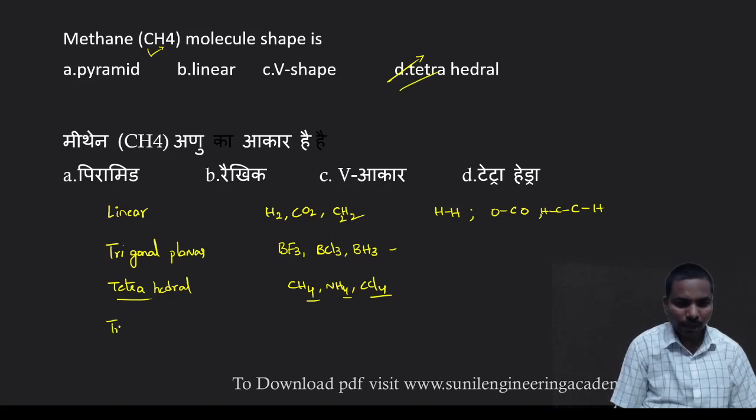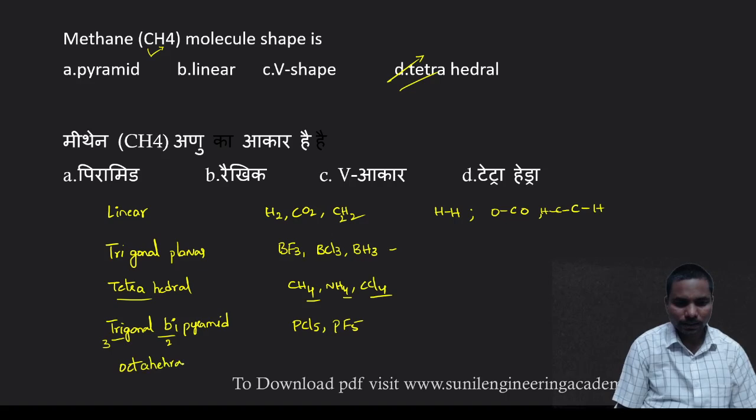And trigonal bipyramid: tri means three, bi means two, total five. One element must have five, so PCl5, PF5, like that. The next one, octahedral. Octa means six. SF6 gas.